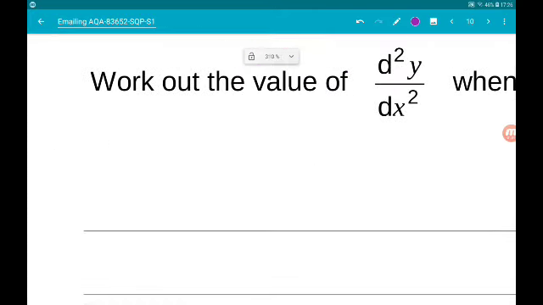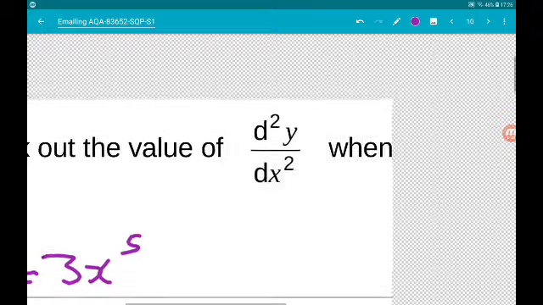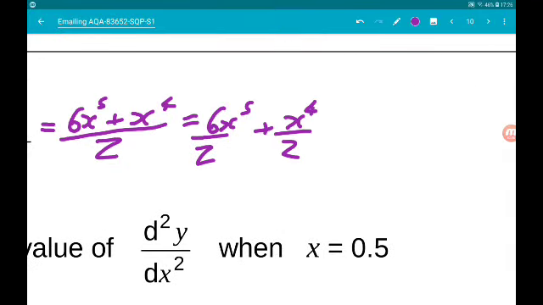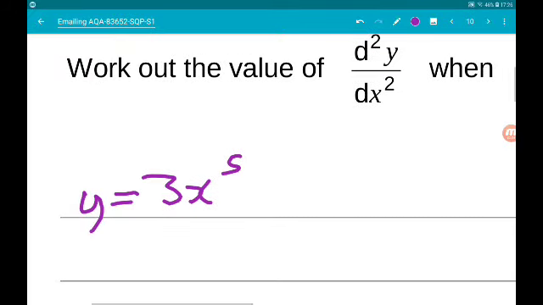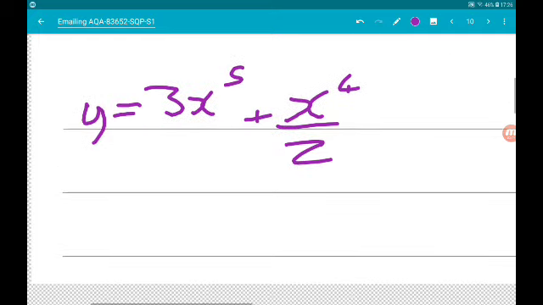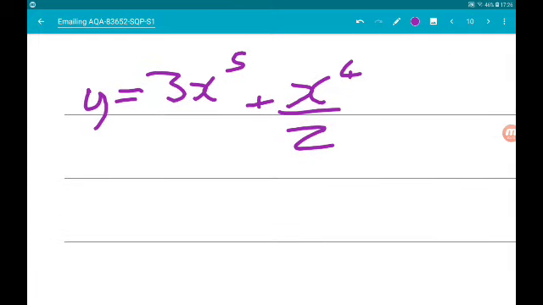So we can say that y is 3x to the 5 add x to the 4 over 2. Alright, so now we can differentiate.